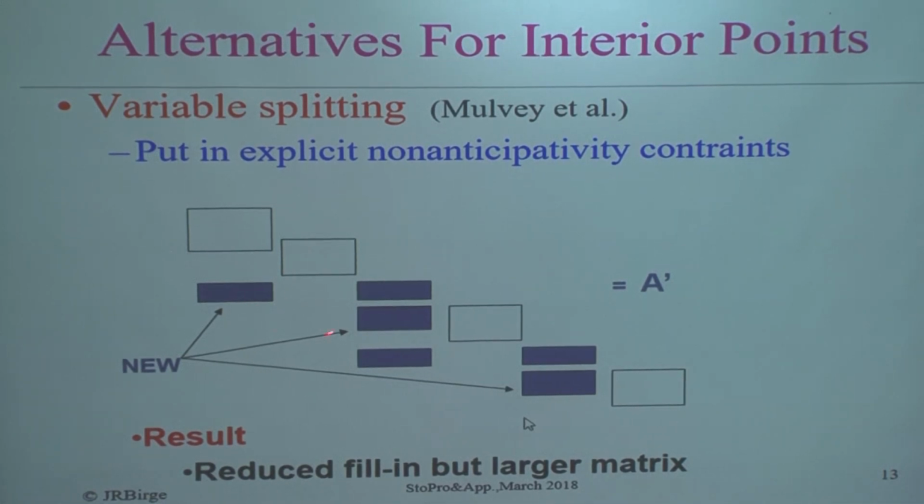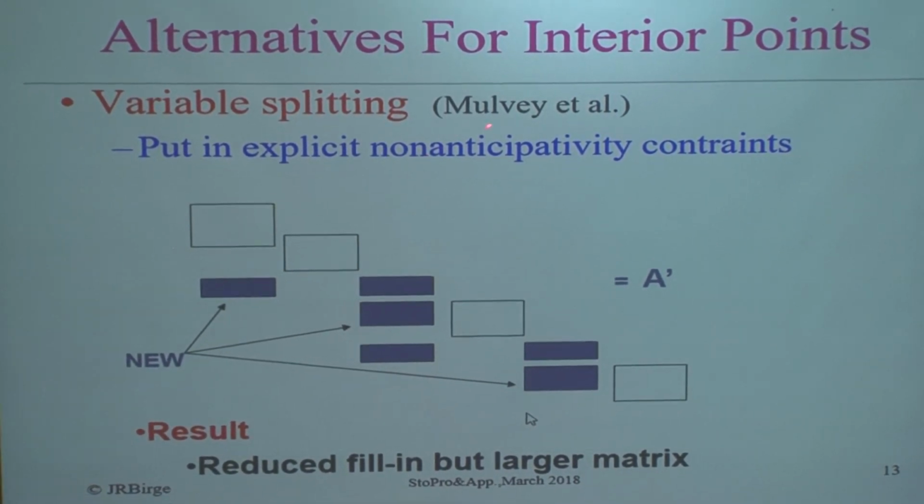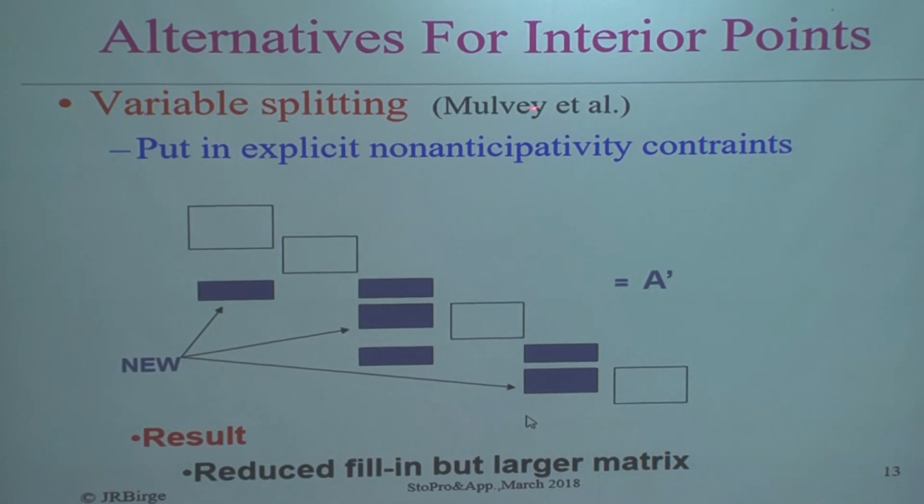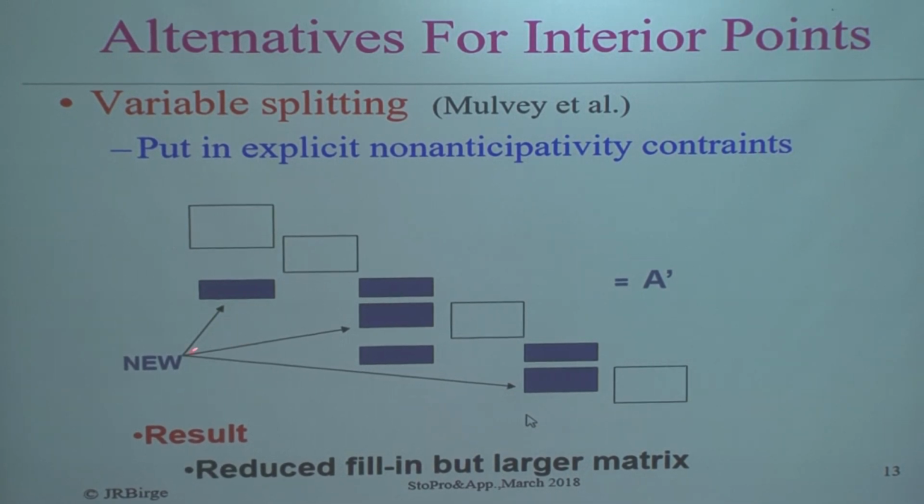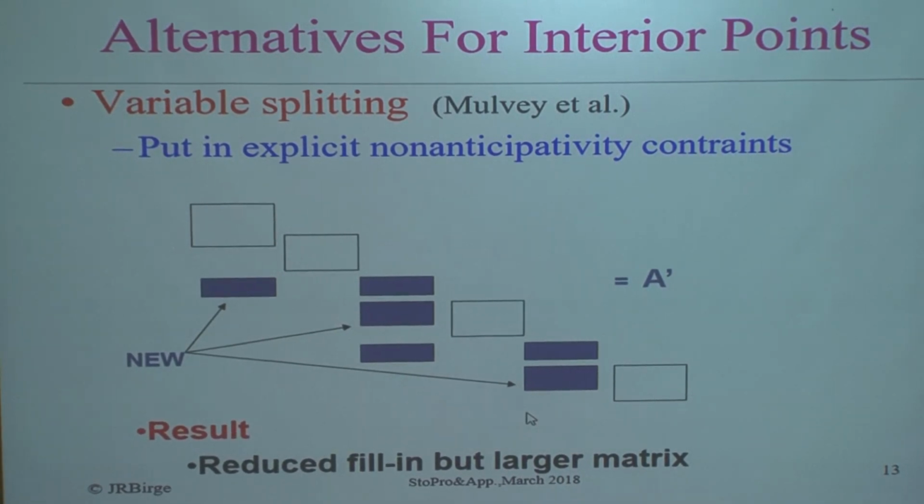But this is one way in which you can try to preserve sparsity, and there are some results like John Mulvey at Princeton had done some work on this. So what we want to do is to try to preserve sparsity as much as possible.